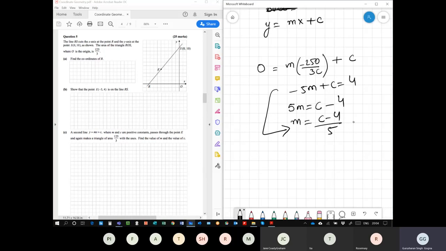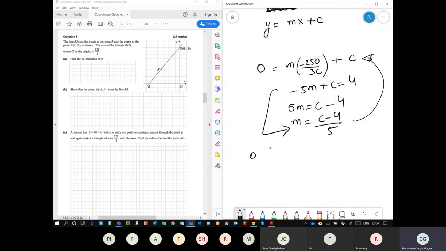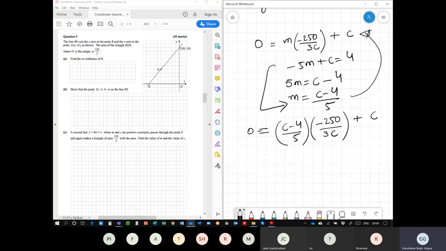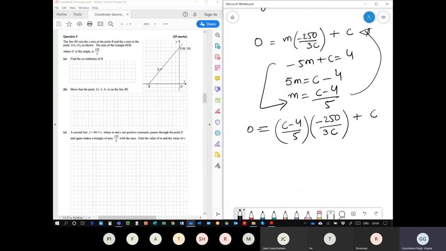Then you can substitute in the second equation which you got. So 0 equals m, and m means c minus 4 over 5, and this is minus 250 over 3c, and then plus c. So all you need to do is solve this equation. You can see that you just have the variable c in this.